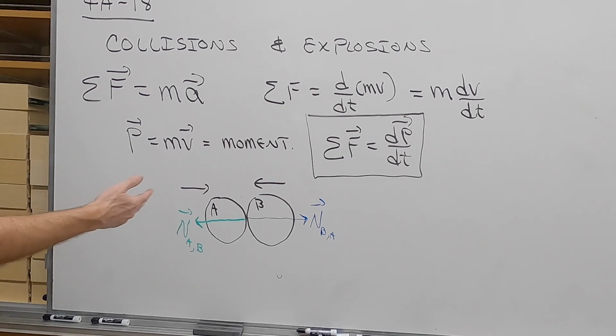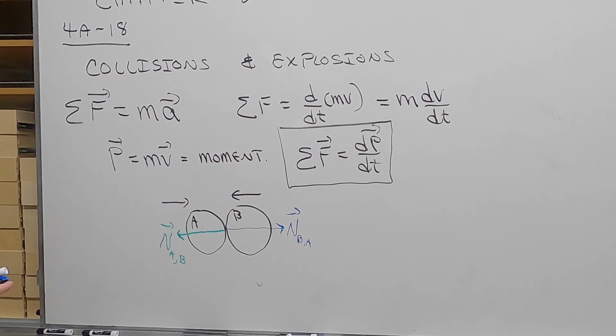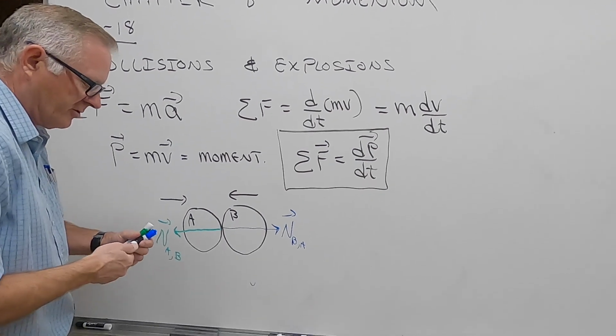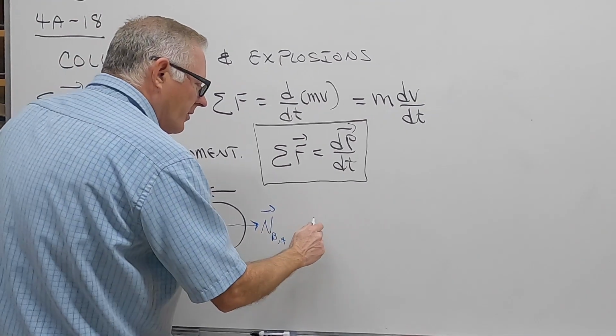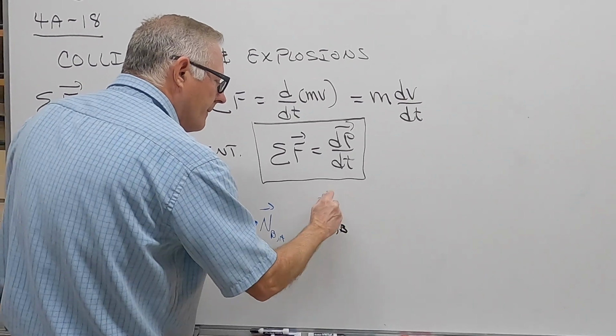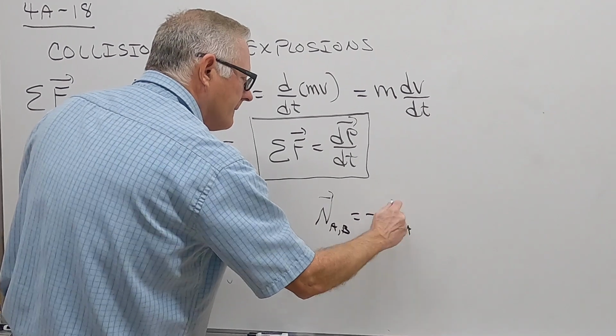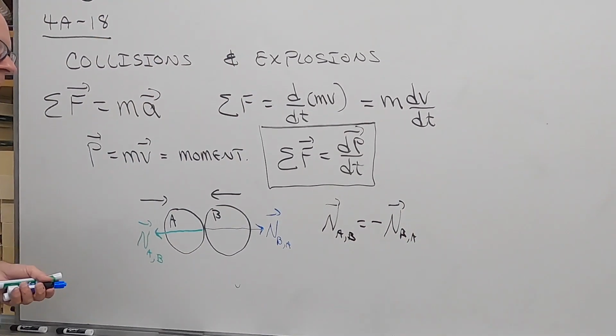They're opposites in direction, so the one is equal to the negative of the other. Remember, they're equal in magnitude, Newton's third law. So we do know that the normal on A due to B is equal to minus the normal on B due to A. They're equal and opposite.